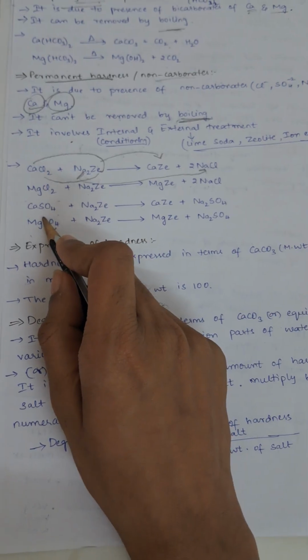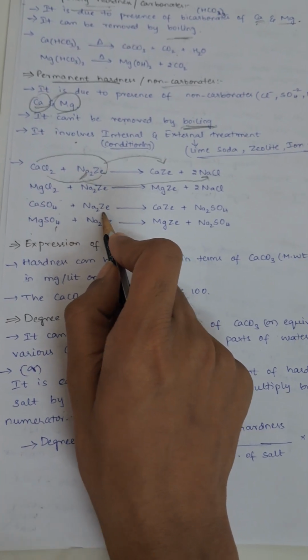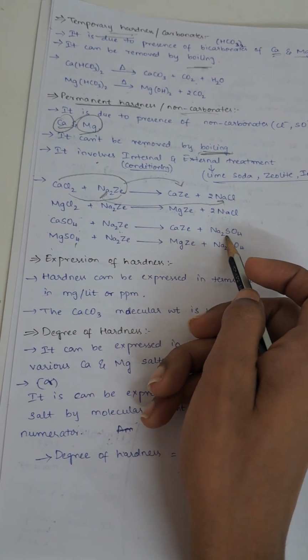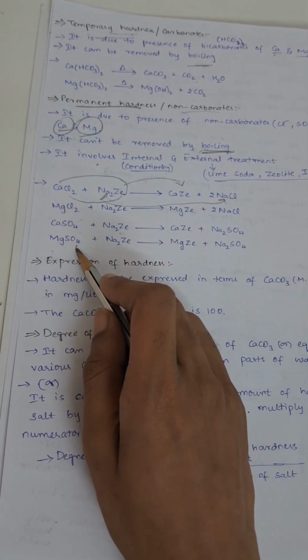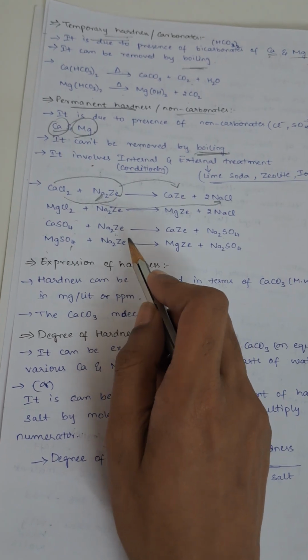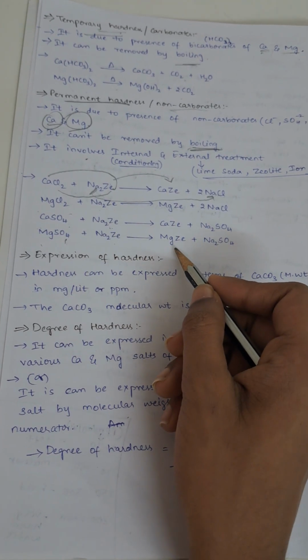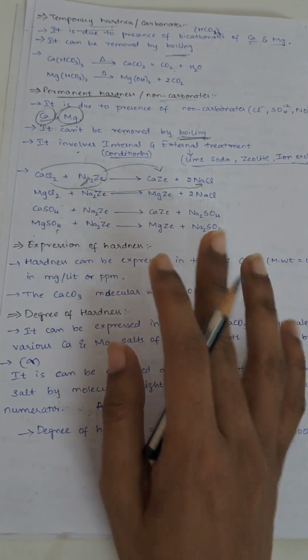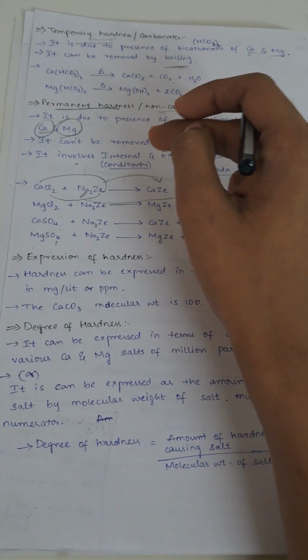Calcium sulfate plus Na2Z, sodium zeolite, gives calcium zeolite plus Na2SO4. And MgSO4 plus Na2Z, sodium zeolite, gives magnesium zeolite plus Na2SO4. This is permanent hardness. So hardness is divided into two types, temporary and permanent hardness.